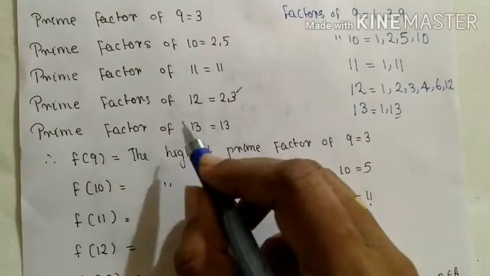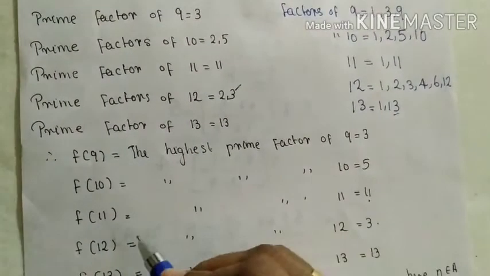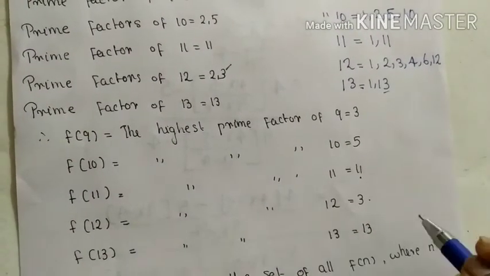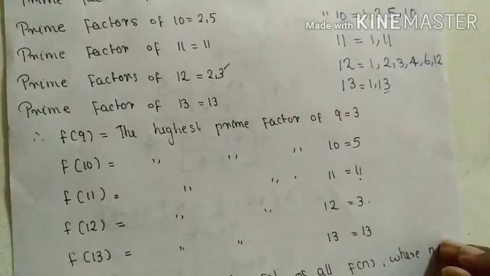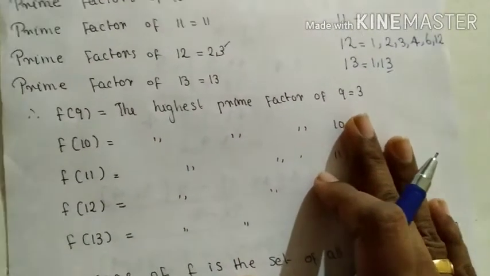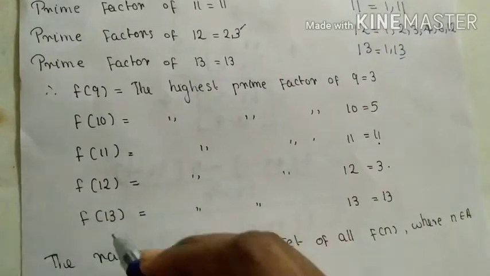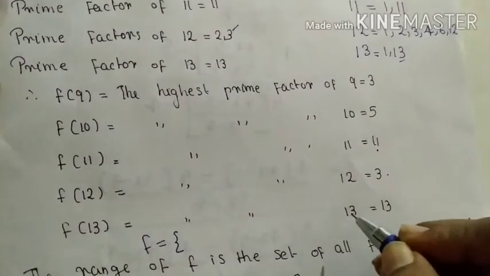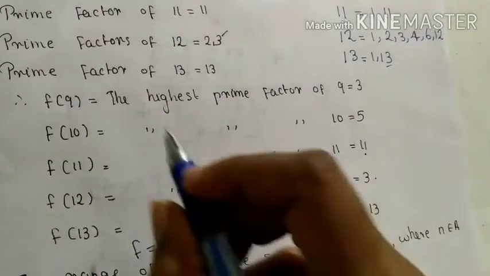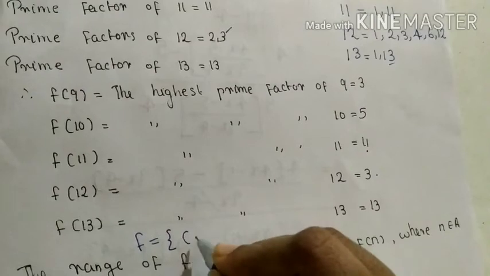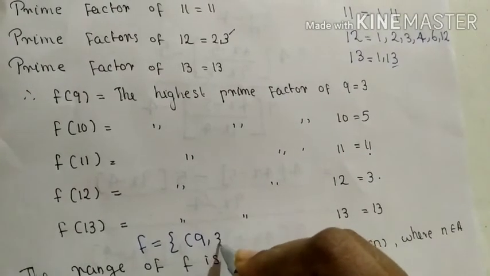Next, the prime factor of 13 is 13. So f of 13, the highest prime factor of 13, is 13 only. Okay, so next I'm going to write our function as a set of ordered pairs. The first ordered pair is (9, 3).